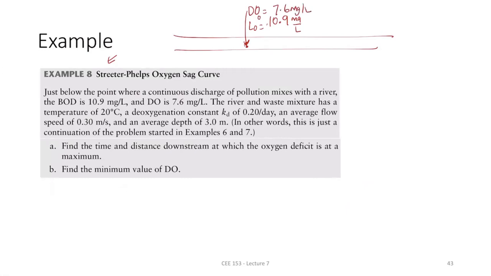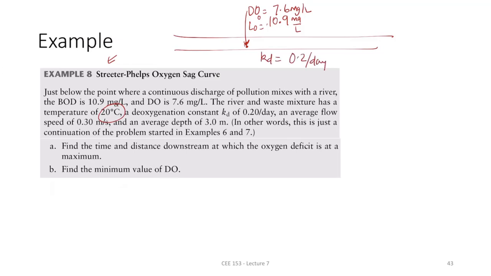So here the 0 means distance equal to 0, that mixing point. Okay. The river water mixture has a temperature of 20 degrees Celsius. That's just so that you know the rate. Deoxygenation rate KD is 0.2 per day.